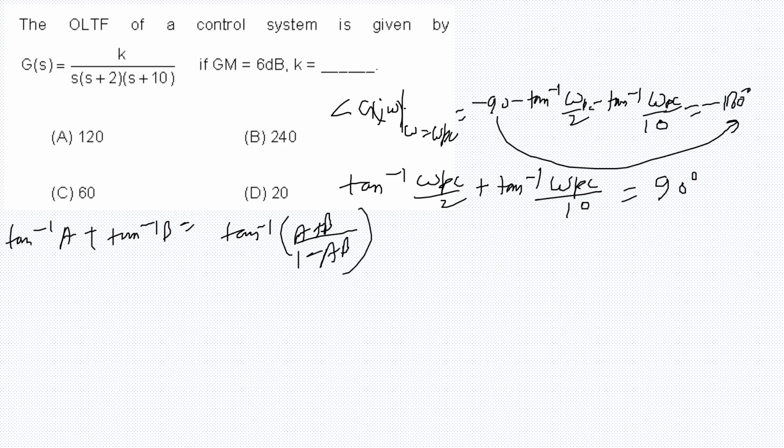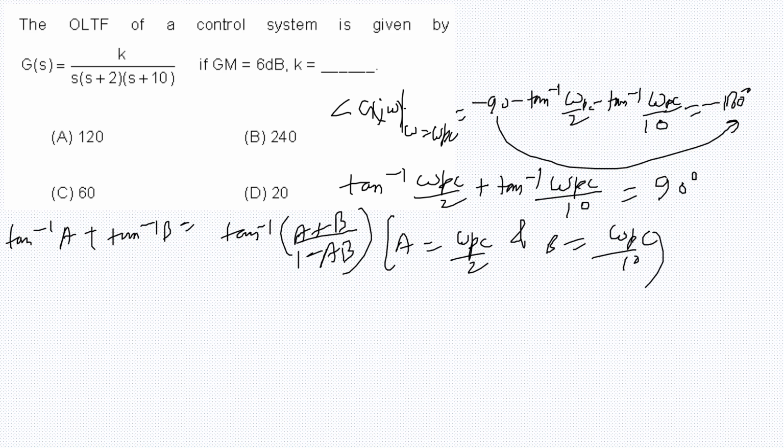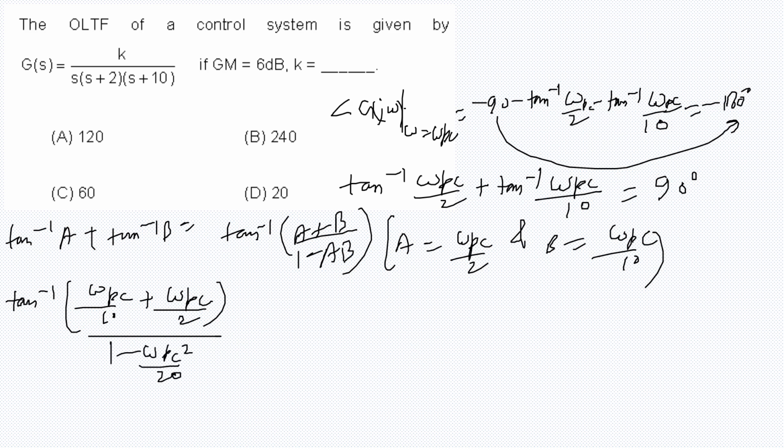Can we apply this formula here? Yes, we can certainly apply it. In this case a equals omega pc by 2 and b equals omega pc by 10. So we get tan inverse of (omega pc by 10 plus omega pc by 2) over (1 minus omega pc square over 20), and this equals 90 degrees.